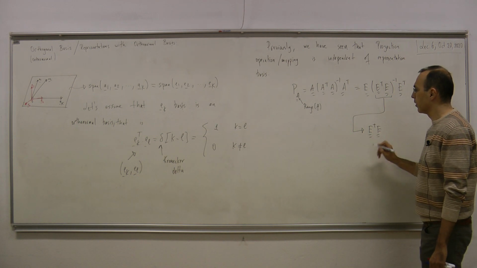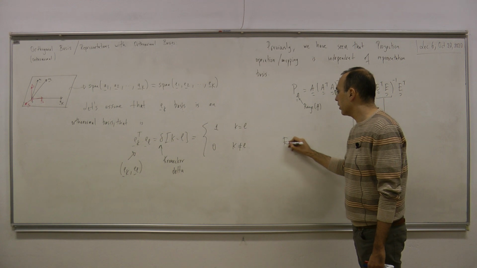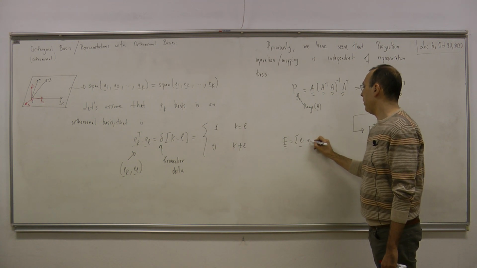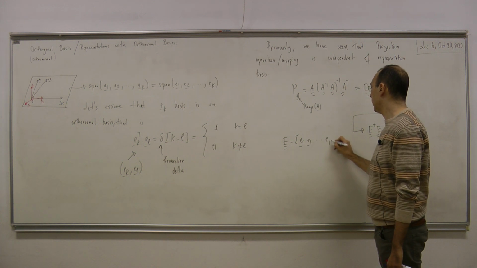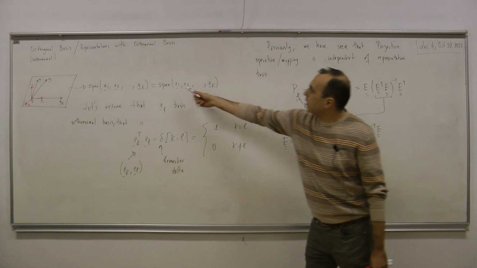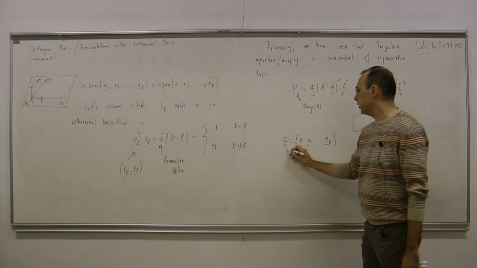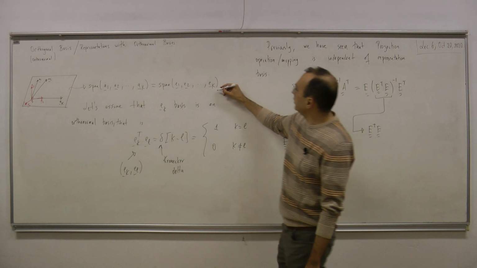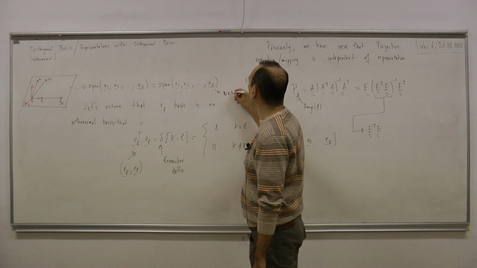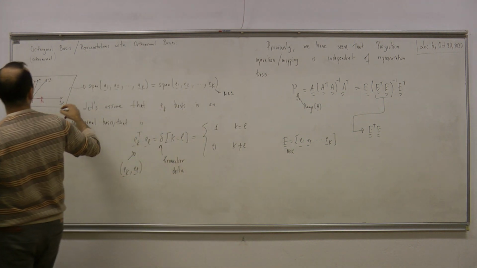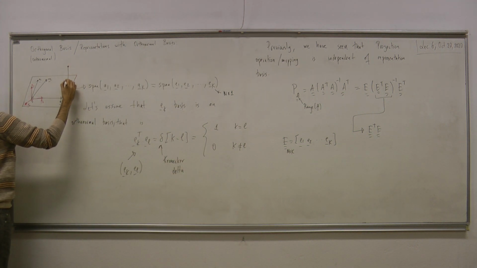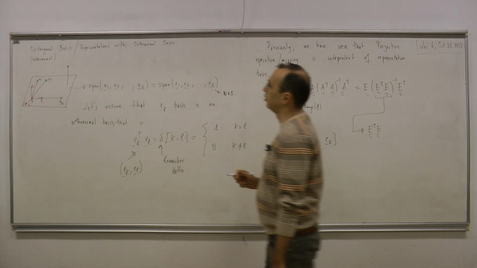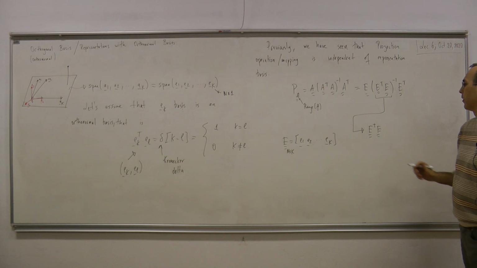But let me remind you what E is over here. E is nothing but a matrix whose columns are these EK vectors. So obviously this is an n by k matrix, okay? Each one of these vectors is, let's say, n by 1. So this is an n-dimensional space, and this is a subset of an n-dimensional space. That is it.